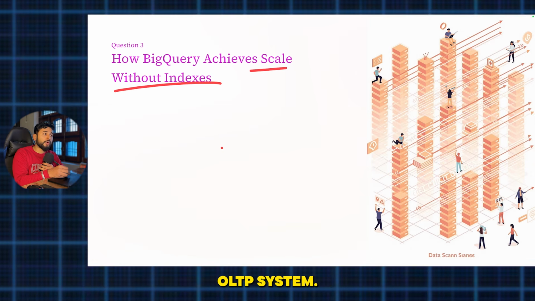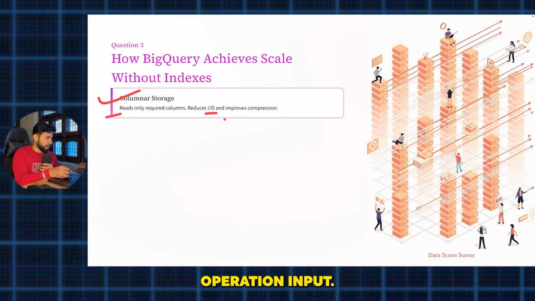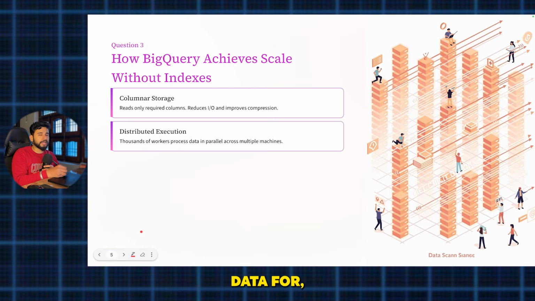Indexes are not available in OLAP systems, any kind of OLAP data warehouse. So it gives you columnar storage. It reads only the required columns, which reduces the IO, input or output operations, and improves compression also, because columnar data is highly compressed. It is better for big data processing also.